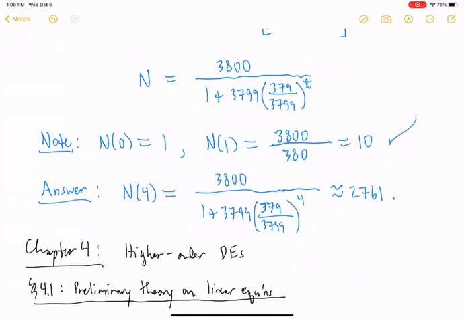So do you remember what a generic linear equation looked like? What's the rule for it to be linear? Derivatives aren't raised to a power.